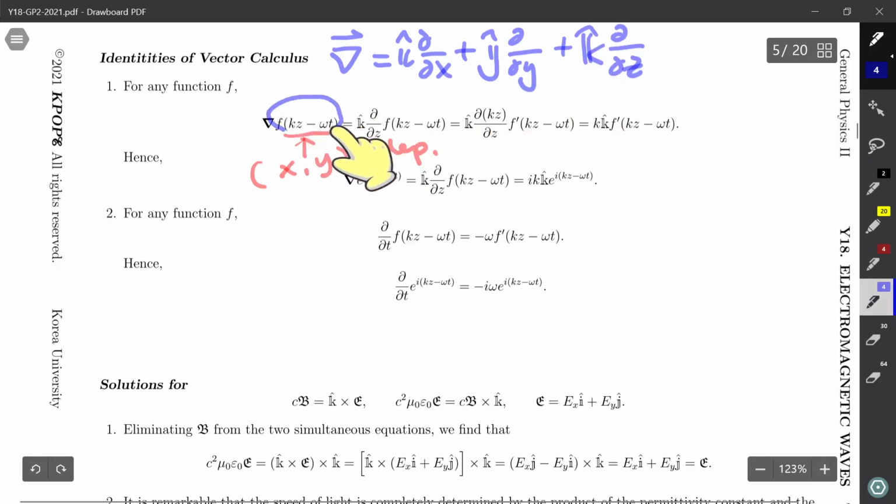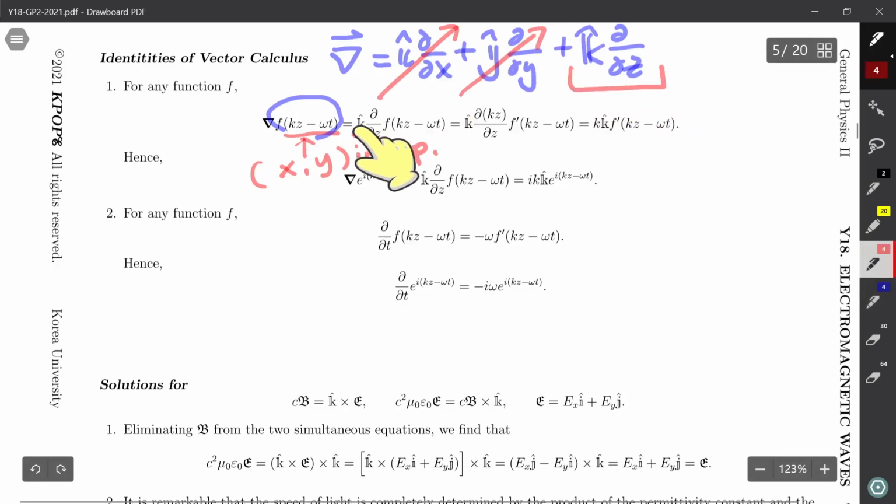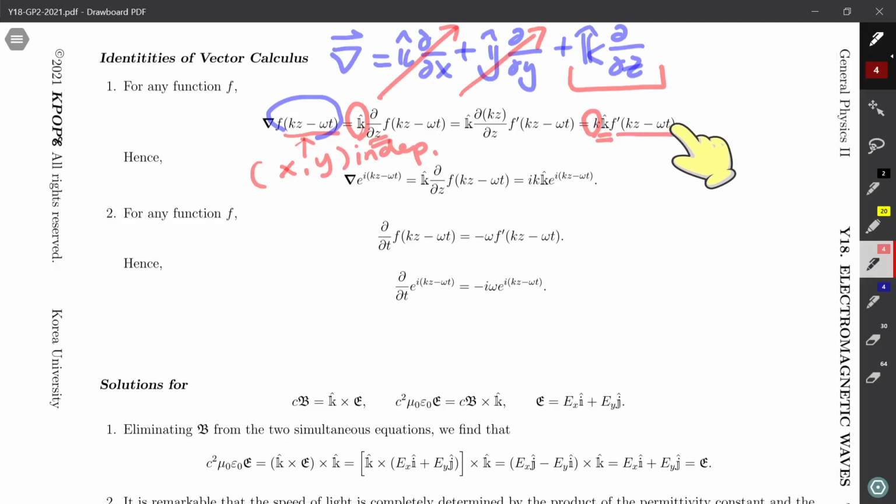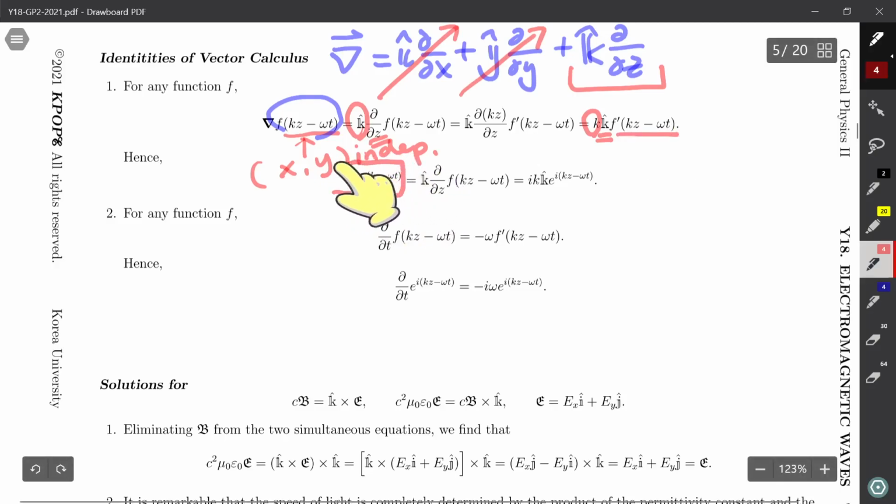However, this function depends only on z and t. This one does not contribute, and only this term contributes. So k hat and z derivative. Chain rule can be used to find the overall vector k and unit vector k and derivative of this function. Therefore, gradient of exponential is ik, k hat, and exponential.